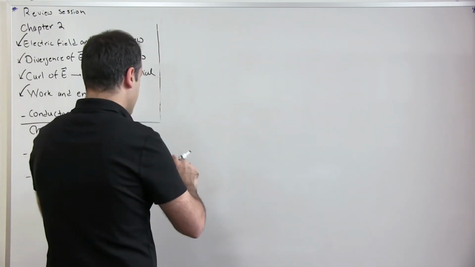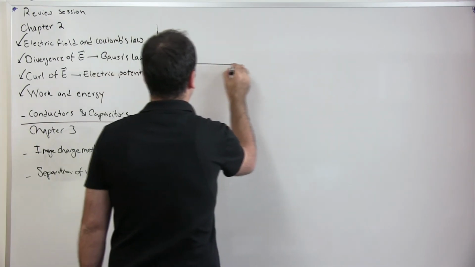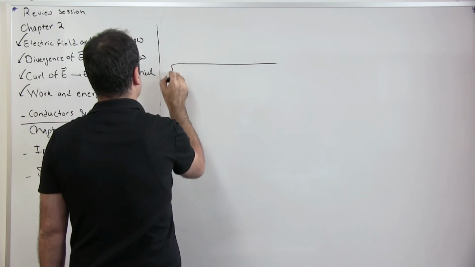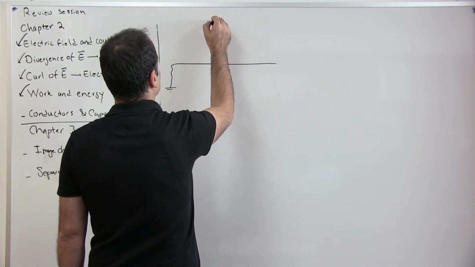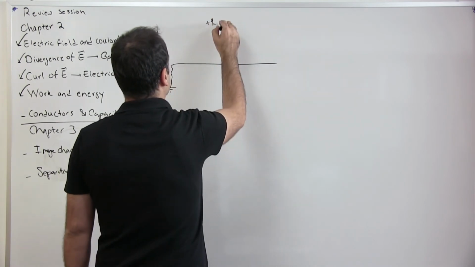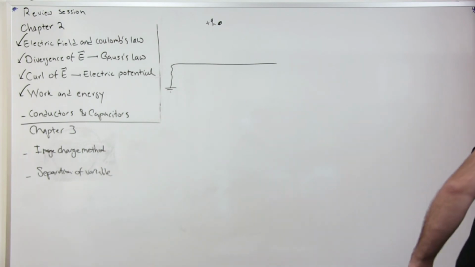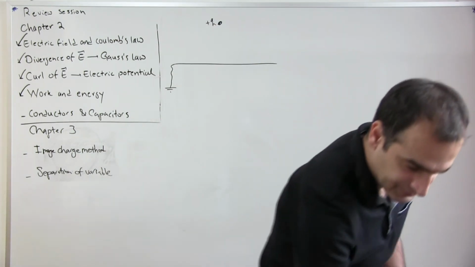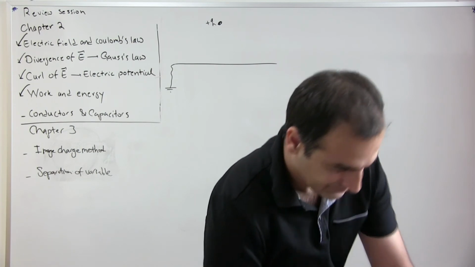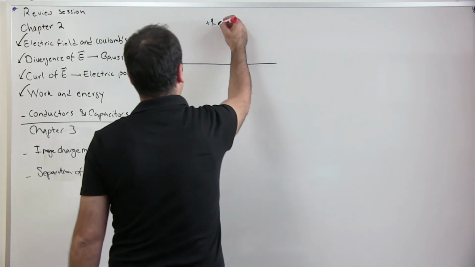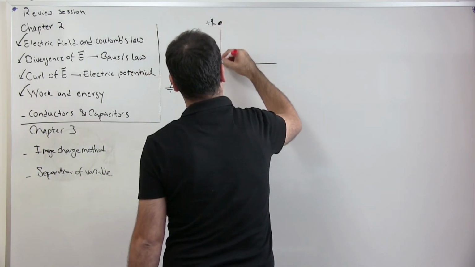This is a very classic problem where we have a charge near a flat surface, and this is a grounded conductor. If we have a positive charge Q near this surface, it creates a certain electric field. The field lines look somewhat similar to this.